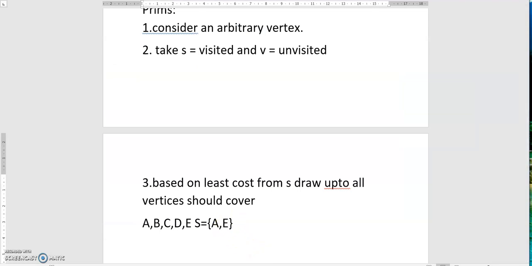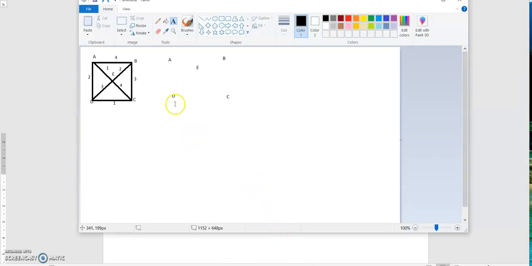AE is the first, and the unvisited vertices are B, C, D. So connect AE. Next, we need to connect from E. E is connected to B, C, D, and A is completed.